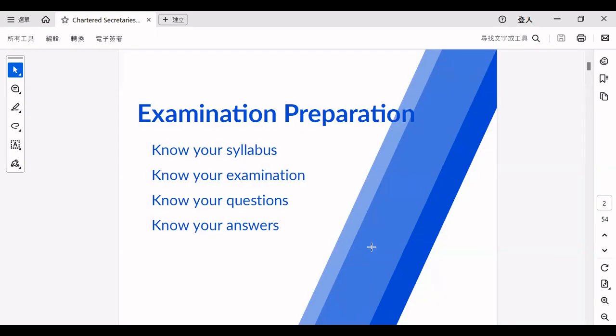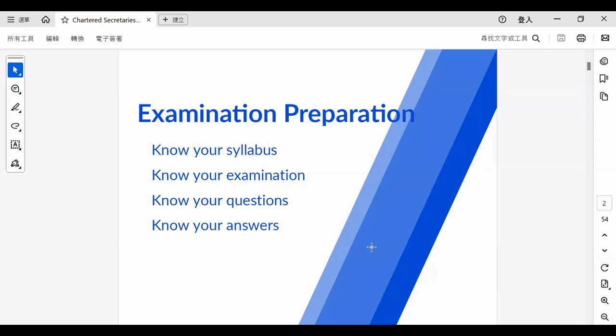Firstly, the general examination techniques. The first technique that I will say is important to prepare for your examination is that you have to know a number of things before you go to the examination room. The first thing is that you should know your syllabus well. I will explain why it is important for you to know about your syllabus.